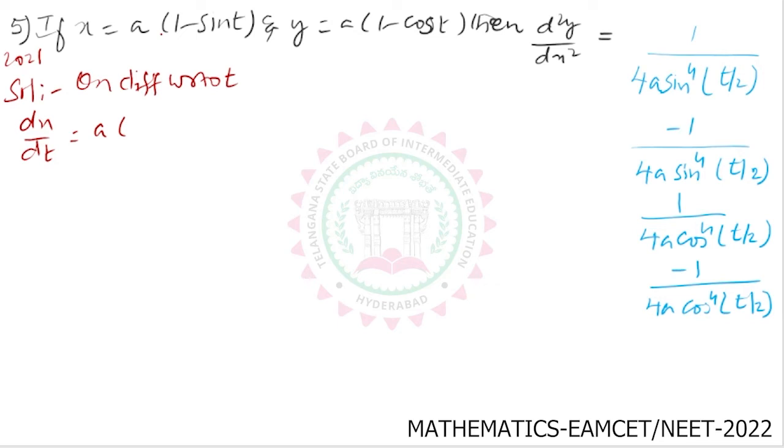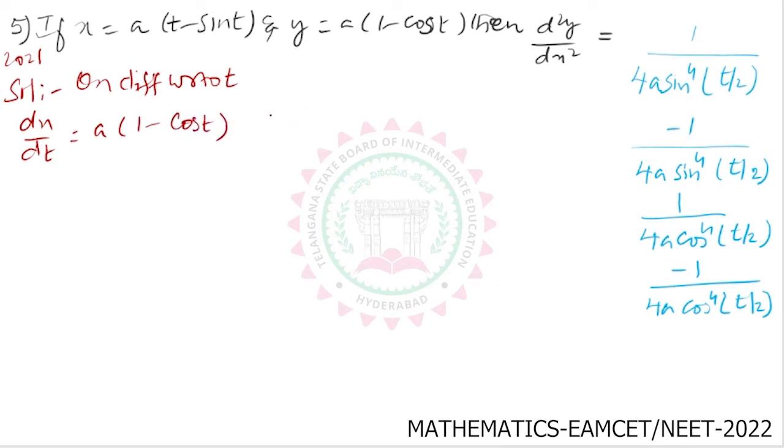Sorry, not 1, but it is t minus sin t. Okay. Now a will remain as it is. Derivative of t is 1, minus derivative of sin t is cos t.